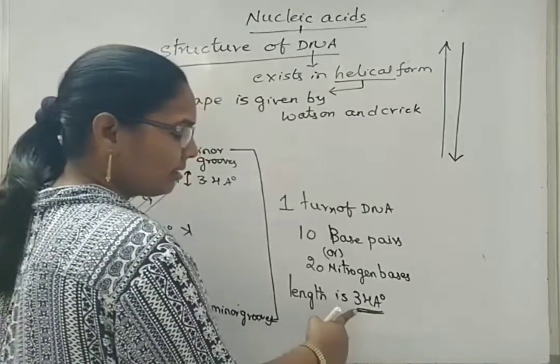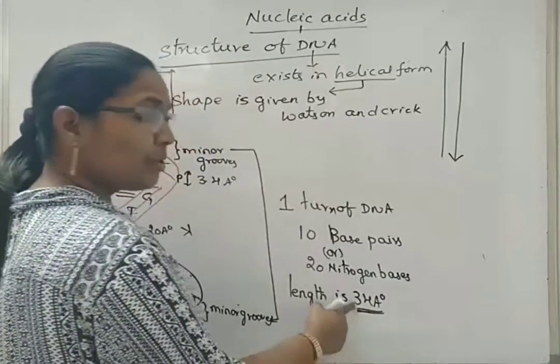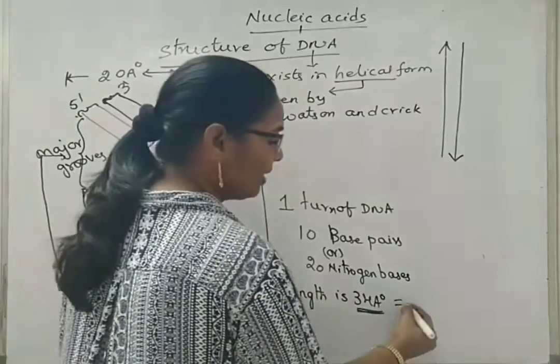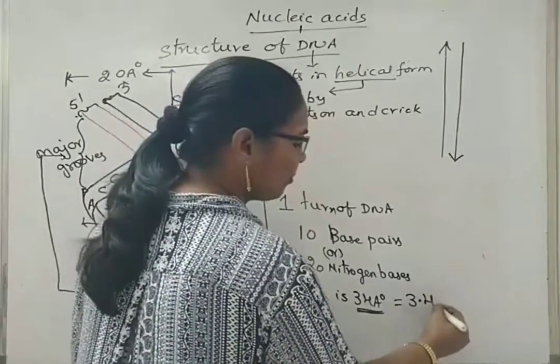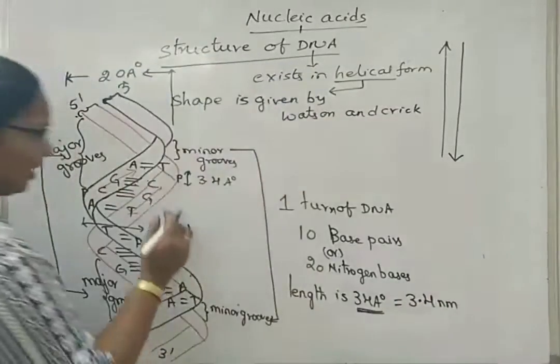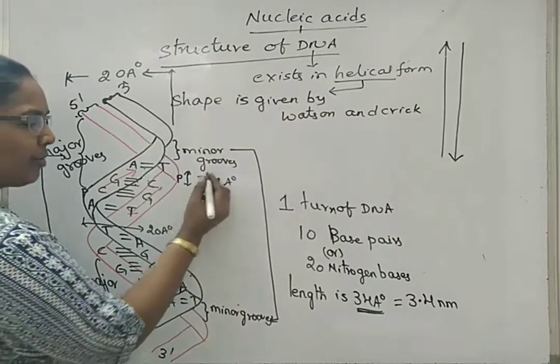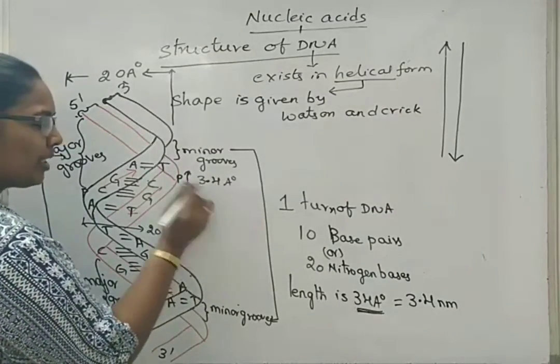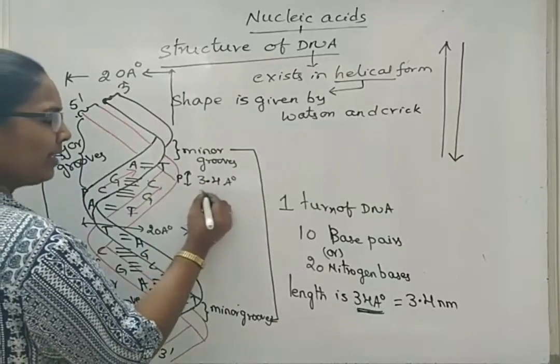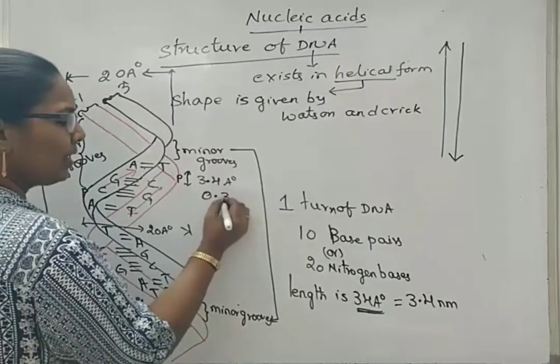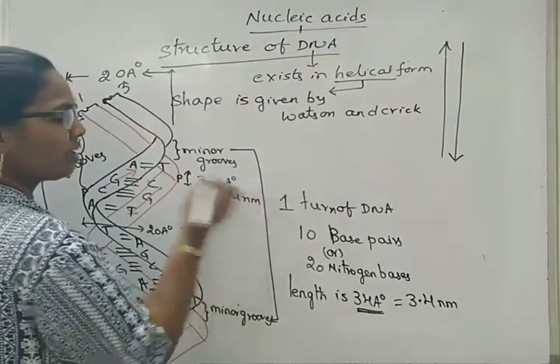If we write the same value in terms of nanometers, then it will be 3.4 nanometers. If we write the value of 3.4 angstroms between two nitrogen base pairs, then it will be 0.34 nanometers.